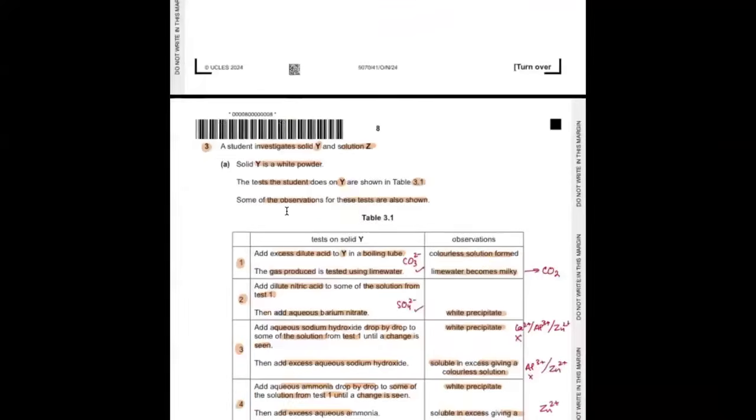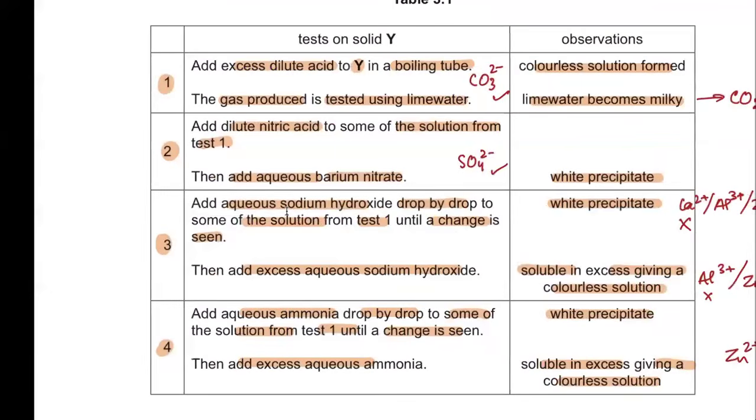Sir, if you use sulfuric acid, then how would we get carbon dioxide? No, see over here. We are adding the dilute acid. So it can be either sulfuric acid, nitric acid, or hydrochloric acid, right? So if it's a carbonate in Y, when the acid reacts with it, it is going to give you carbon dioxide, the salt, and water.